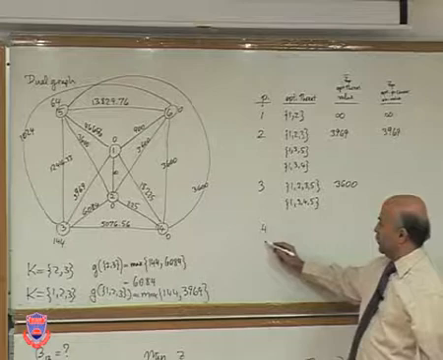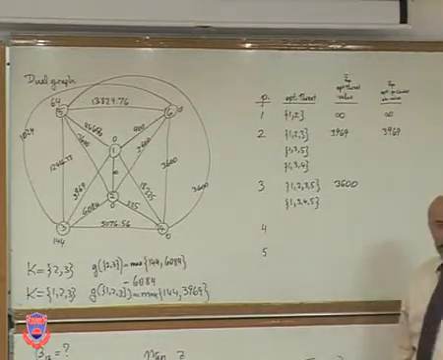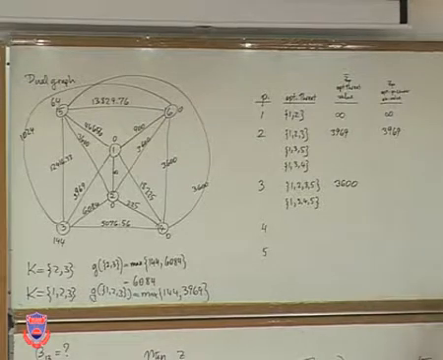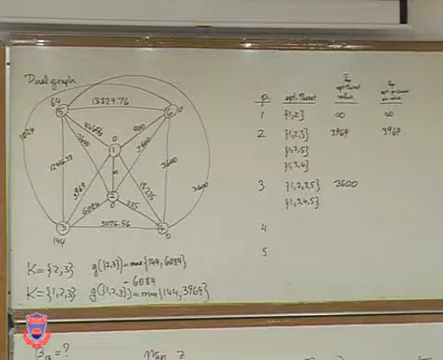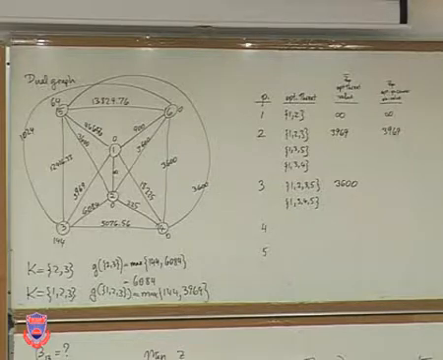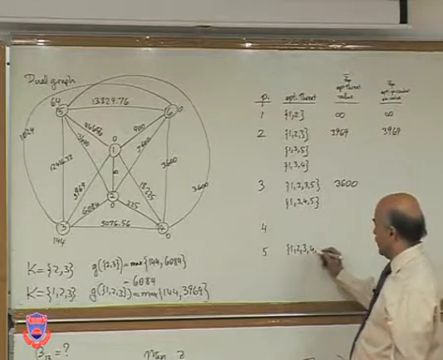Four you can do, 5 you can, well, let's do 5 together. When you have 5, you've got a 6 clique. There's only one 6 clique under consideration, and its smallest arc is 225. So the solution is obvious in this case.